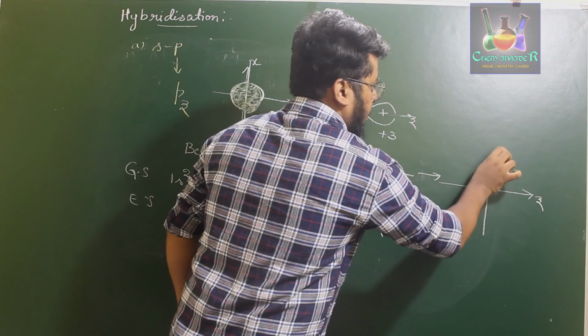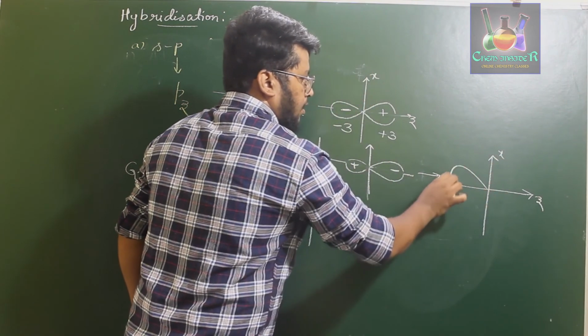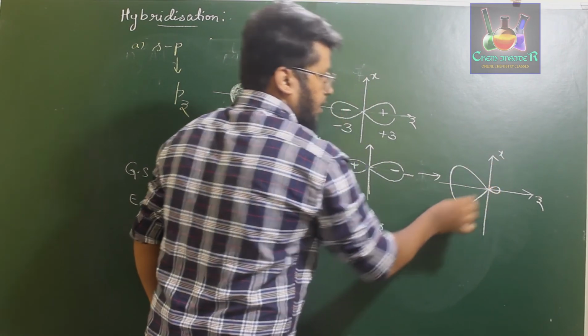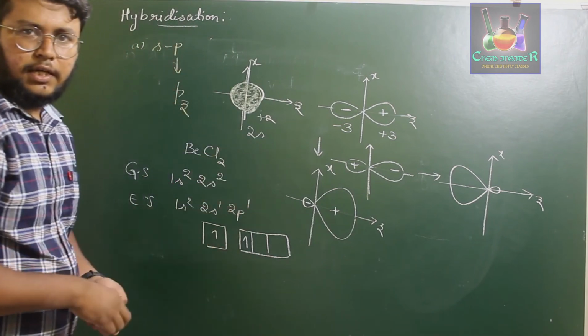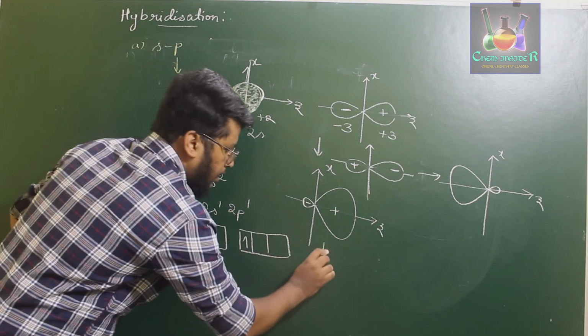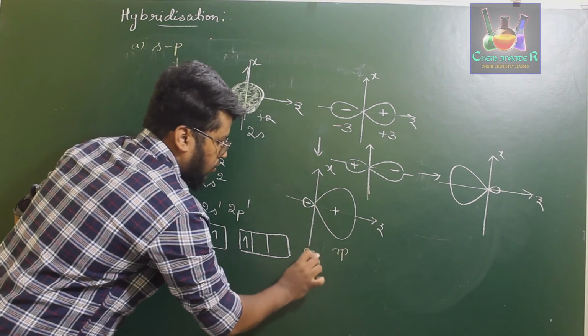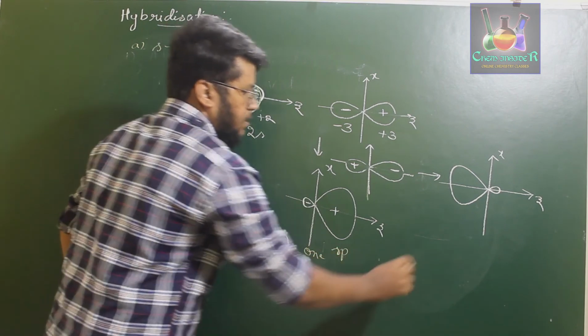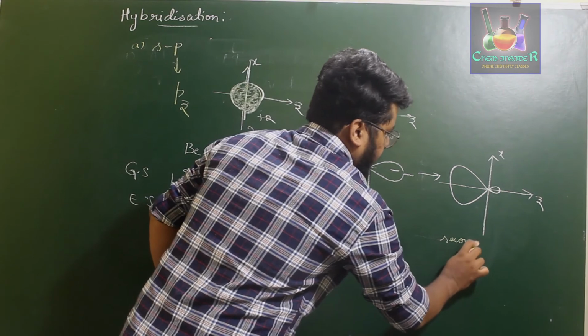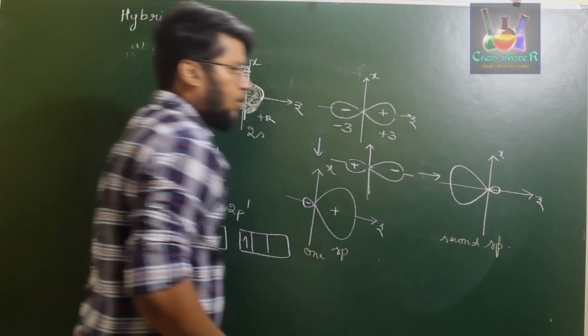If this is z and x, the p orbital with positive charge will be greater on this side and smaller on the other side. So this is one sp hybrid orbital. This is the second sp hybrid orbital.